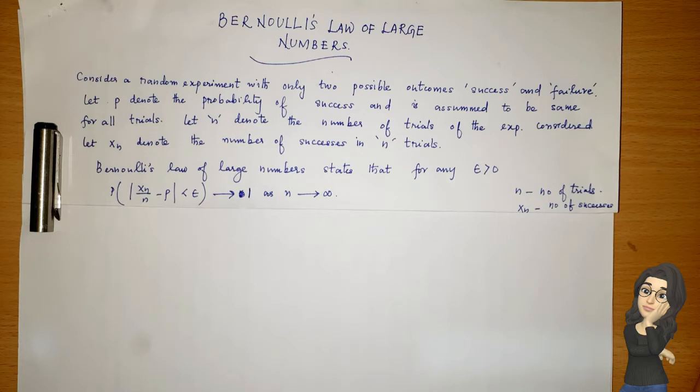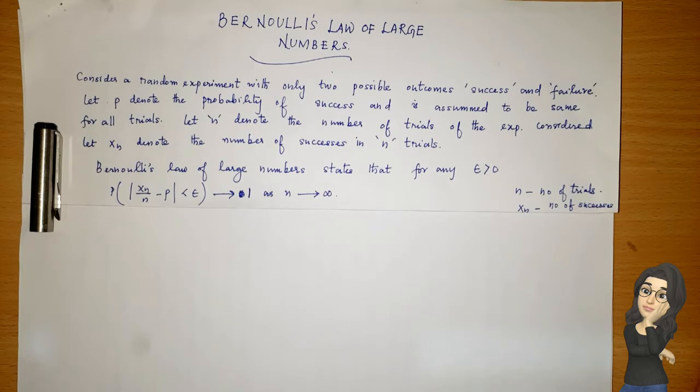And we denote small n as the number of trials of the experiment, and Xn denotes the number of successes in n trials. So if all these things are considered, then the Bernoulli's law of large numbers states that for any epsilon greater than 0, the probability of |Xn/n - p| less than epsilon tends to 1 as n tends to infinity.